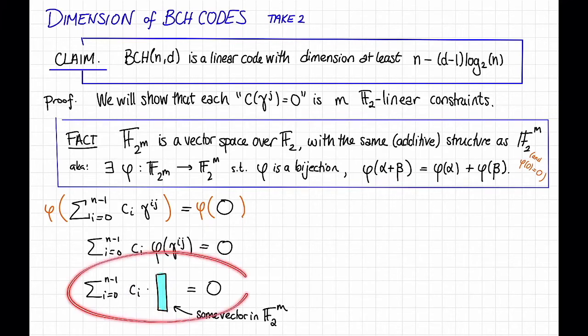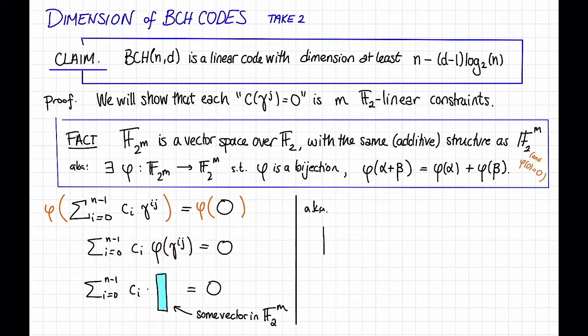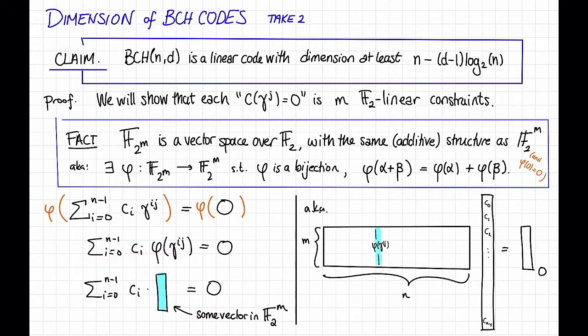Another way of writing this equation concisely in matrix notation is the following. I have my code word c_0 up through c_{n-1} here, and I multiply it by this matrix, which is m by n, where each of these columns is just each of those things stacked up next to each other.